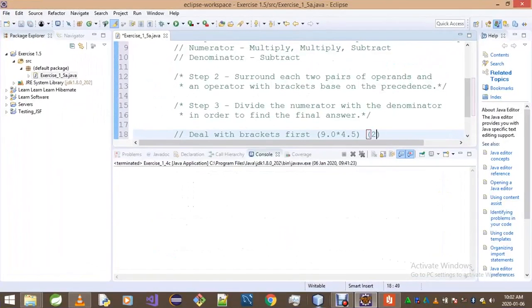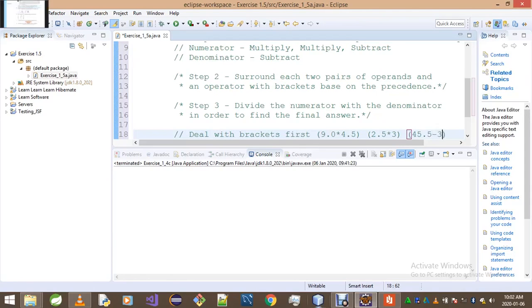So it's gonna be 2.5 multiplied by 3. And then lastly, our bracket has to contain our denominator, which is 45.5 minus 3.